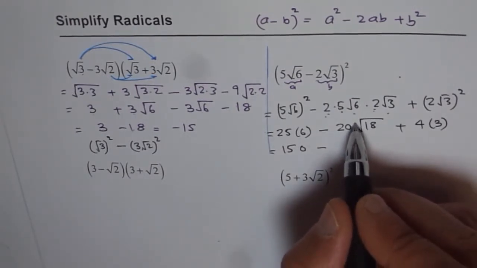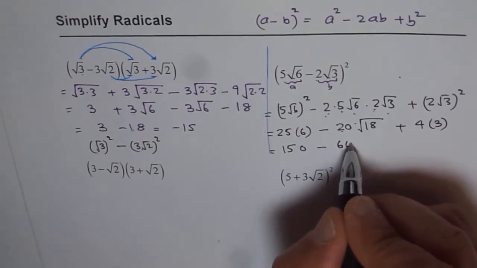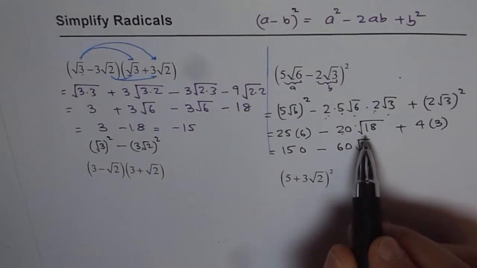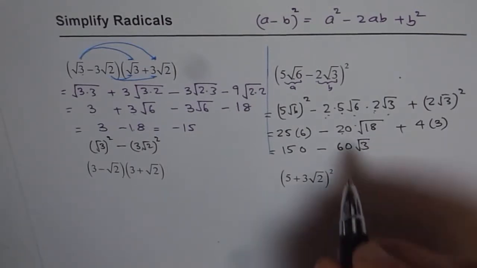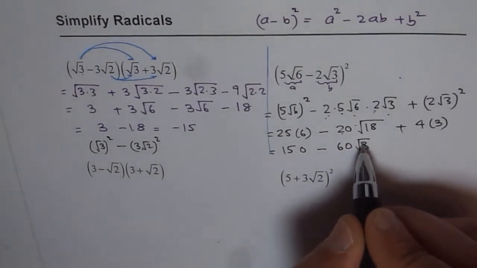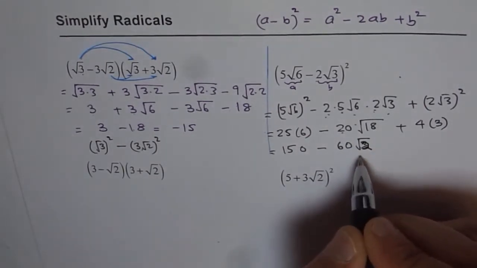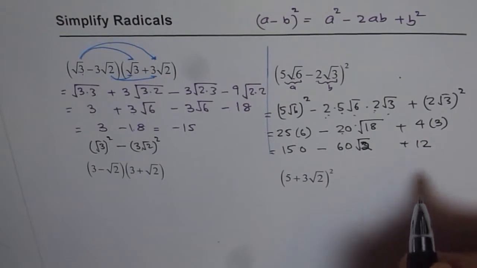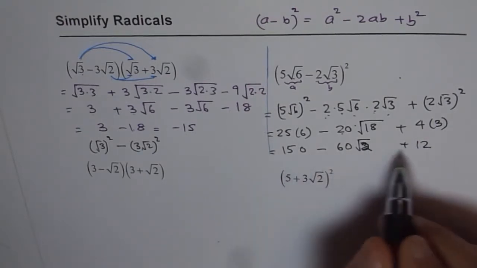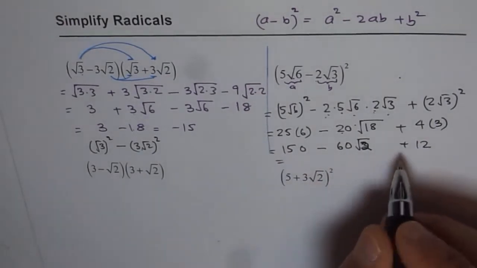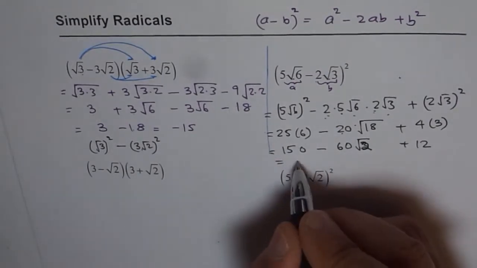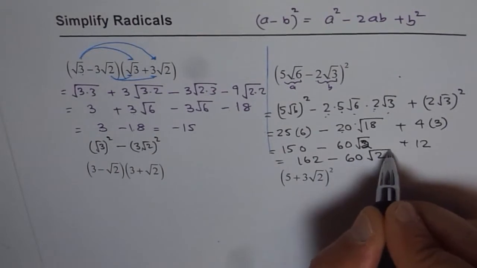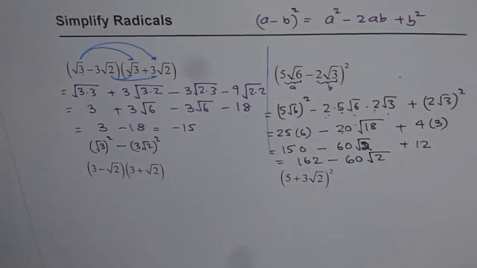So we'll take that 3 outside, multiply by 20, and get 60 square root 2, with 2 remaining within the square root. Now here we have 4 times 3, which is 12. Now you can combine these two numbers and write down your answer. So 150 plus 12 gives you 162 minus 60 square root 2, correct? So that is how you get your answer.